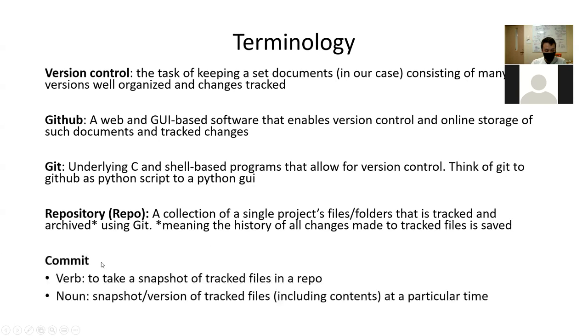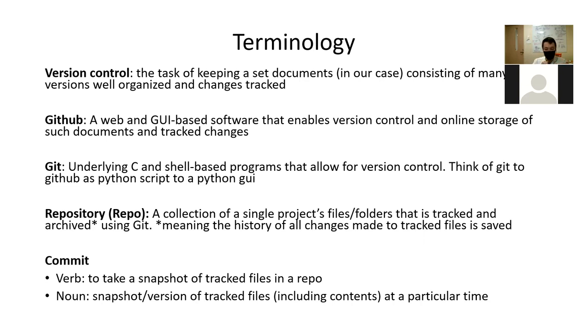Another important word is commit, and it is both a verb and a noun. When I make a commit, it is to take a snapshot of the tracked files at an exact time point. So as you're going through the process of using GitHub and version control, you will make multiple commits. If you're developing consistently, you'll be making multiple commits, multiple saved snapshots of the files and their contents.